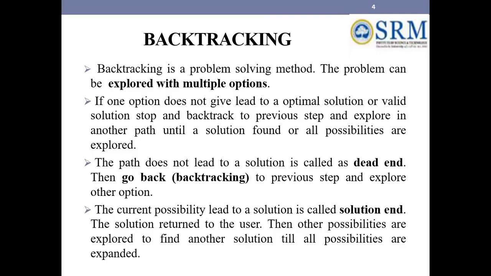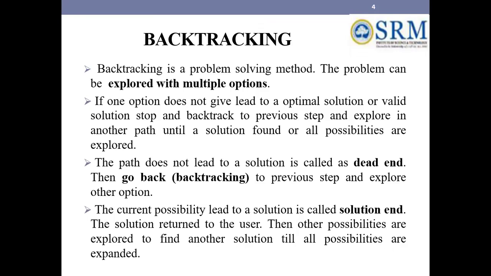The path that does not lead to a solution is called a dead end. In the dead end, the backtracking concept is applied, move back to the previous step. Or if we reach the solution also, we can go back to the previous node and find other solutions. Here, in the backtracking concept, if we have one solution, we are not going to stop. We are trying to find multiple solutions.